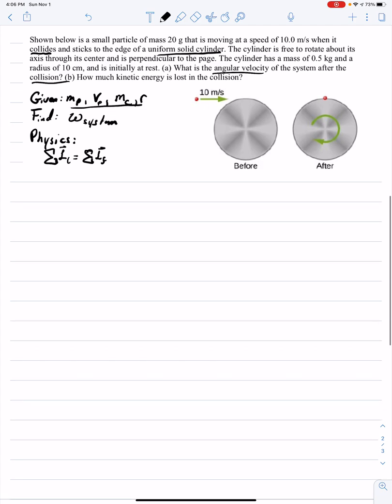So you write this down, and you also write down that angular momentum is equal to r, the distance from the axis of rotation, times the linear momentum p.